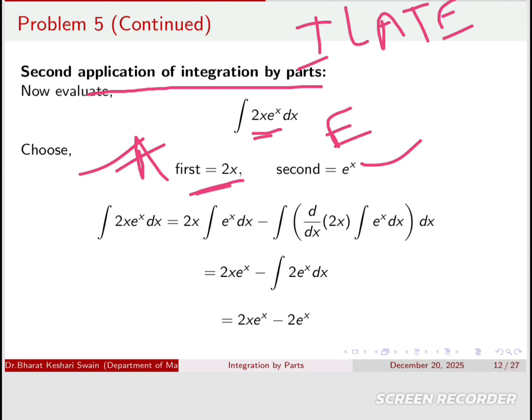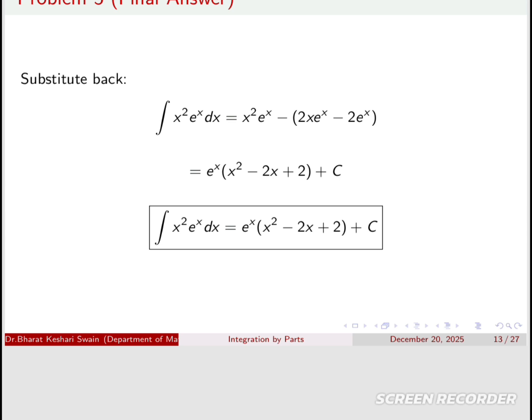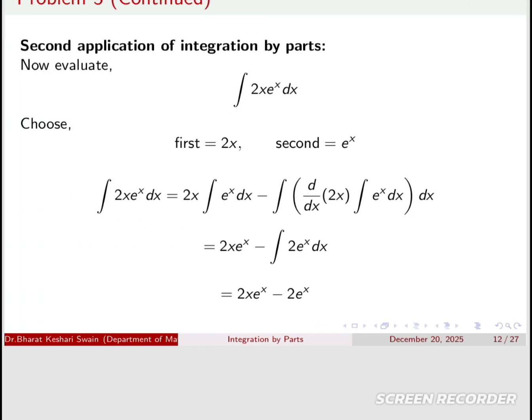Using the by parts rule, we can integrate this: 2x into integration of e to the power x, then derivative of 2x, integration of e to the power x, whole integration. So 2x e to the power x minus derivative of 2x, which is only 2, then integration of e to the power x. Now it is done: 2x e to the power x minus integration of 2 e to the power x, which means minus 2 e to the power x. Okay, so the final result is, put all these values here.